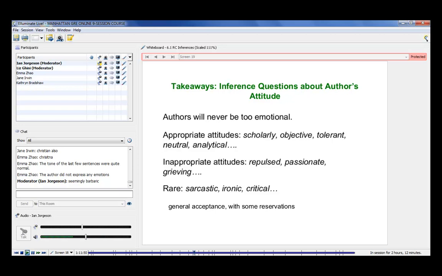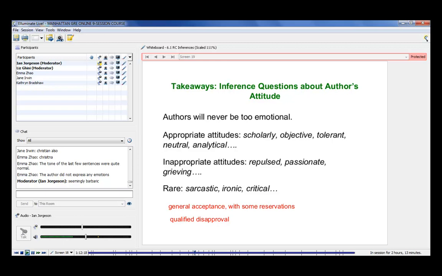Even if the author is pro whatever the subject is, it's not going to be love it. It's going to be like general acceptance with some reservations. Or if the author dislikes something, if the author's against it, it might be qualified disapproval. Right? In other words, it's not going to be like I hate it. It's going to be a little bit good or a little bit bad. That's the kind of answers you're looking for.